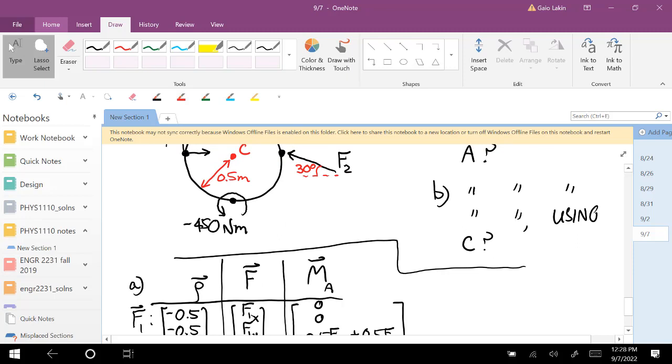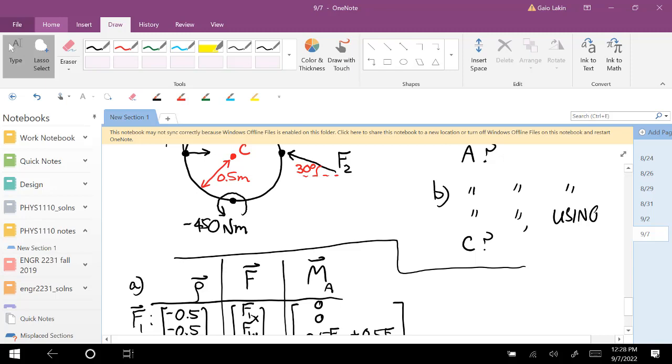A positive Z component of a moment would be this way. So that means a counterclockwise moment. So that's the default that we're using. And so the Z component of this moment is just negative 450. Okay. Any questions about the sign on that?